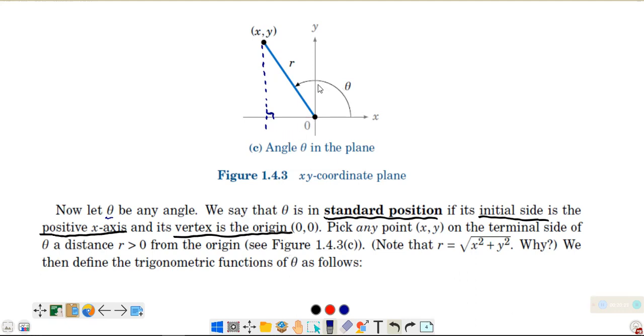So this is your theta, right? But you will be able to get what we call the reference angle. We are going to tackle it later on so that mas maiintindihan kung bakit instead of considering this as the angle, bakit itong isa yung kino-consider natin as the angle.